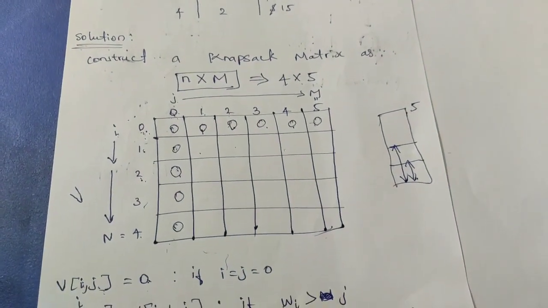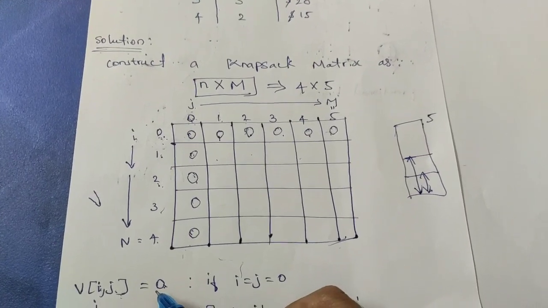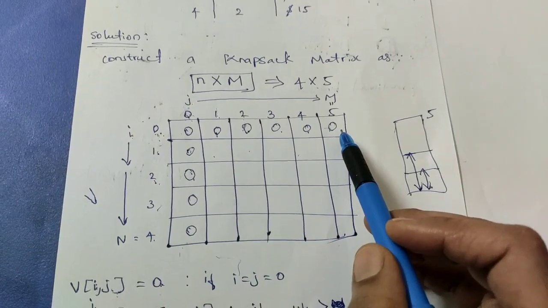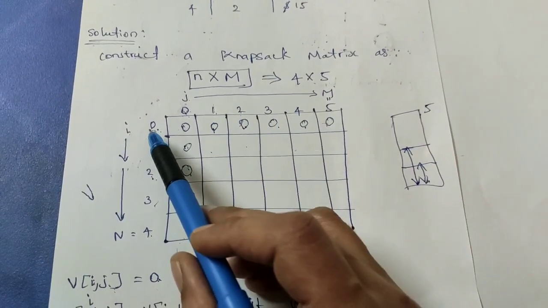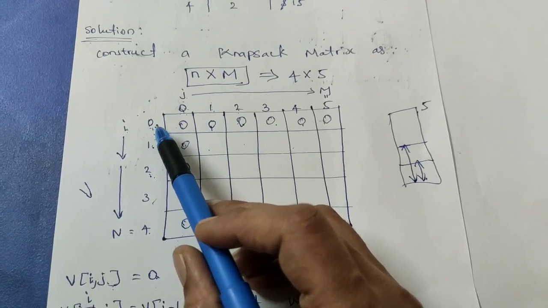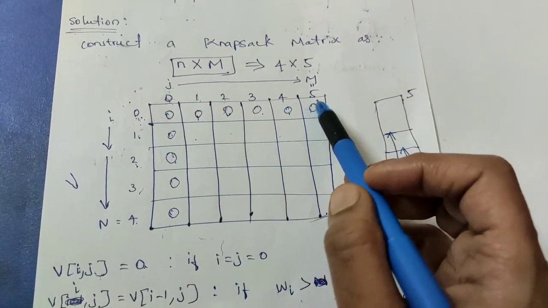So initialize your knapsack matrix using the first formula. Fill the first row with 0, because the first row is having the item 0. That means you don't have any item. You don't have any item, but you have space in your knapsack.